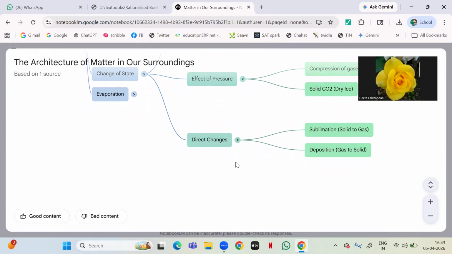And then what are the direct changes? Sublimation, like camphor and naphthalene balls. They directly change from solid to gas without passing through the liquid state. So this is a direct change. And deposition is the vice versa: if you take camphor vapors and cool them down, they will directly go into the solid state.